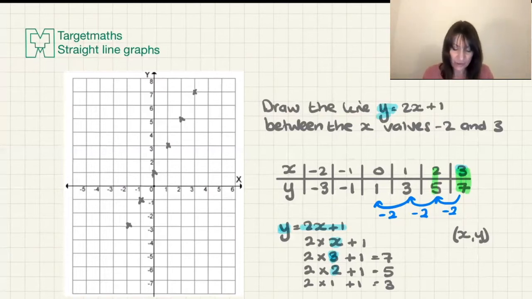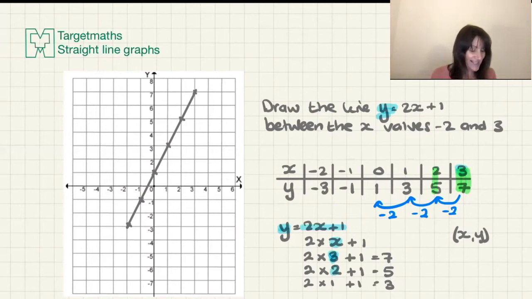All I've done is draw coordinates. And I see loads of students that stop at that stage. They put the coordinates in and then they don't draw the line. So it's really important to remember, get your ruler, draw right through all those points. And that is the answer. That is the line that we call y equals 2x plus 1.